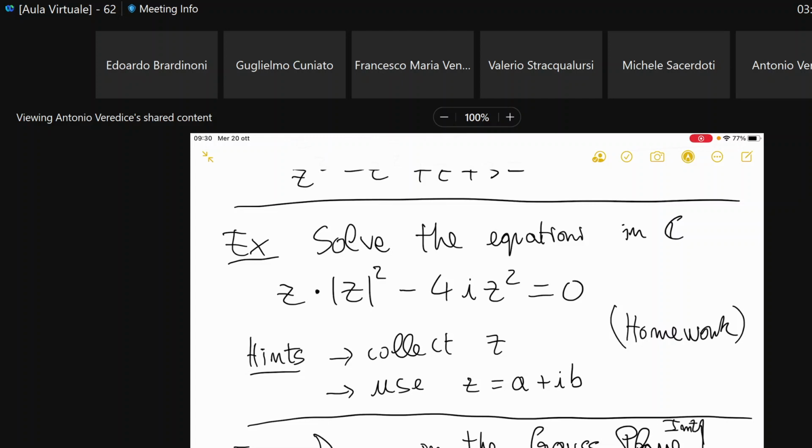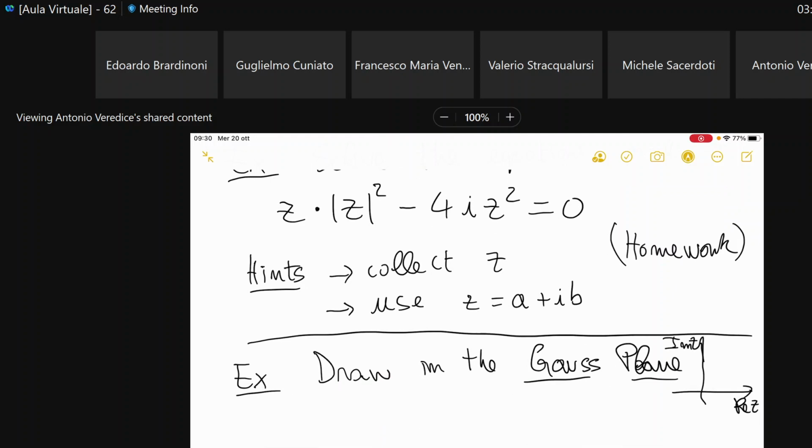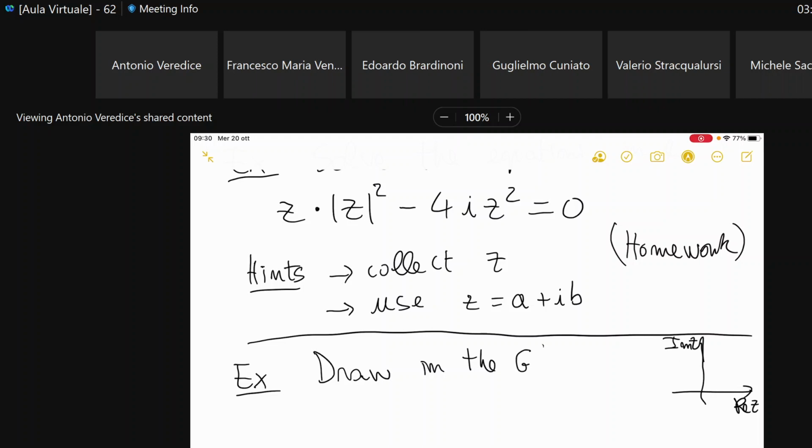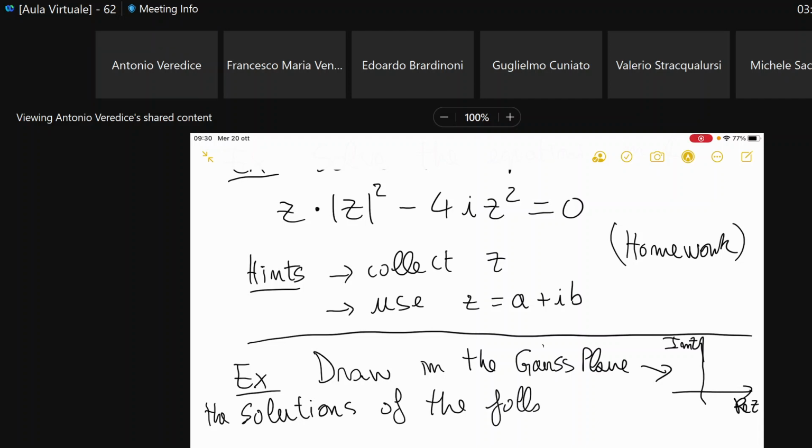Drawing the Gauss plane the solutions of the following system.